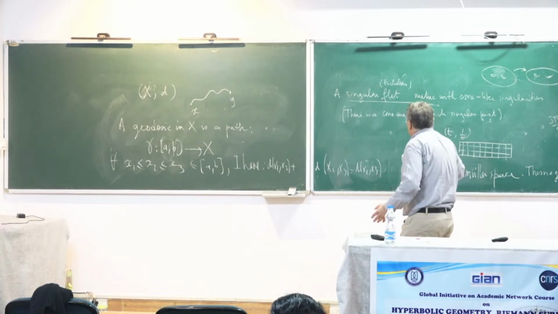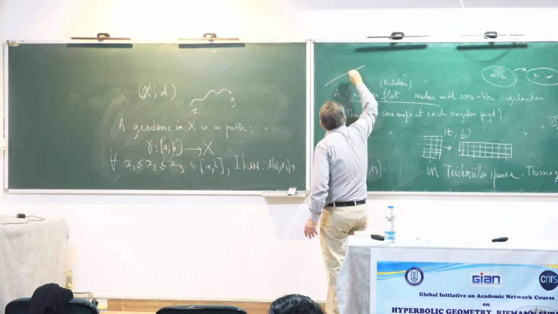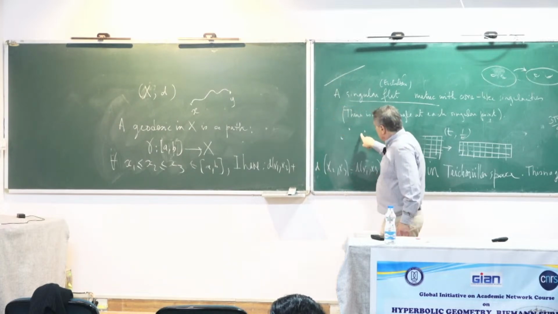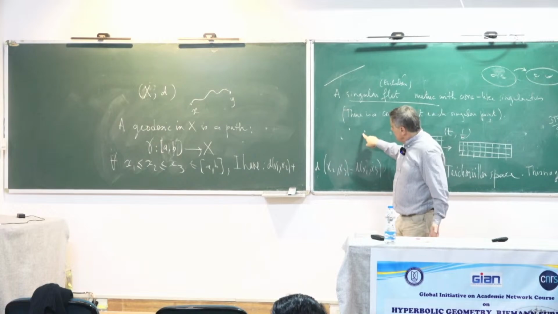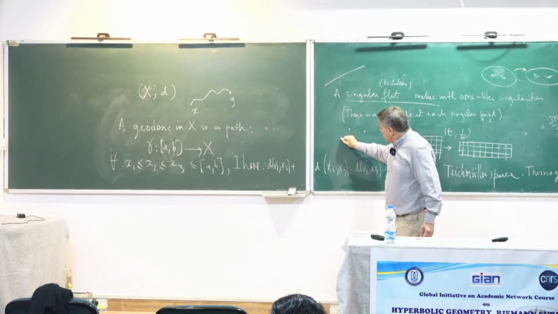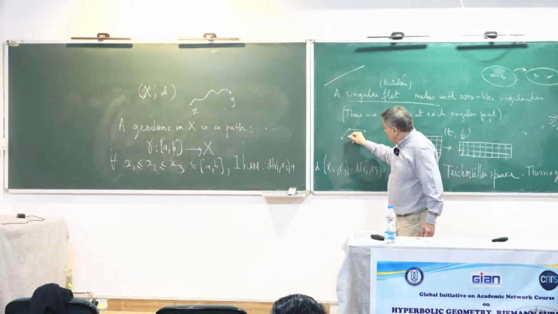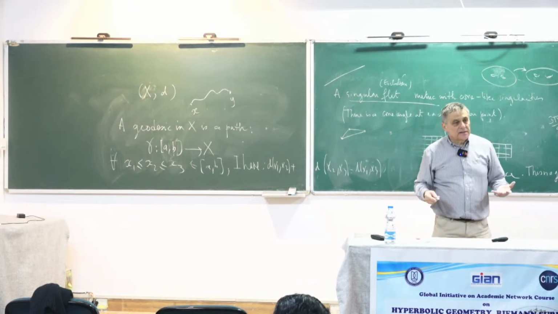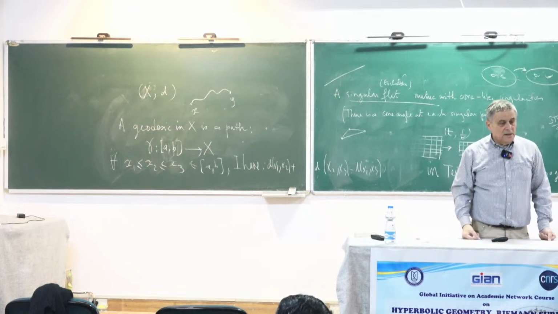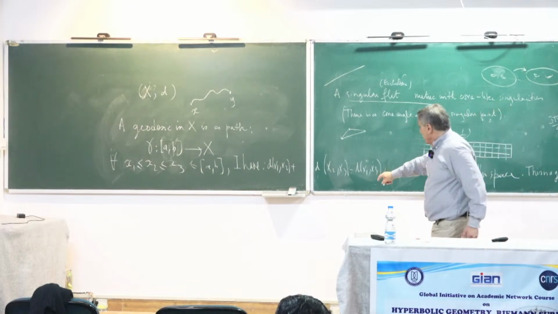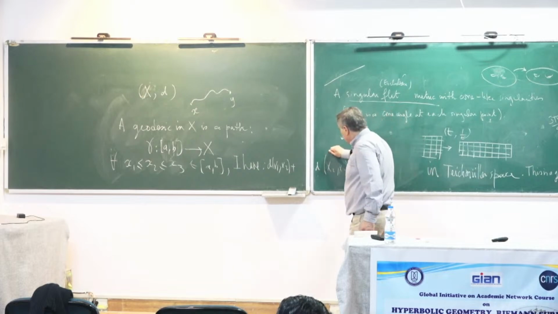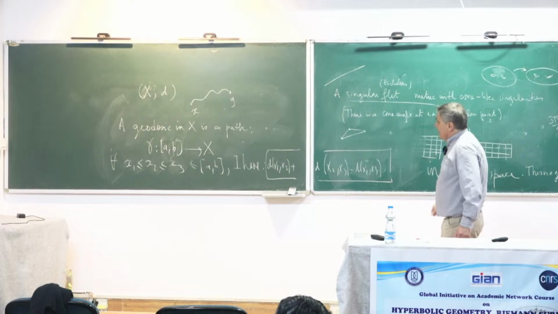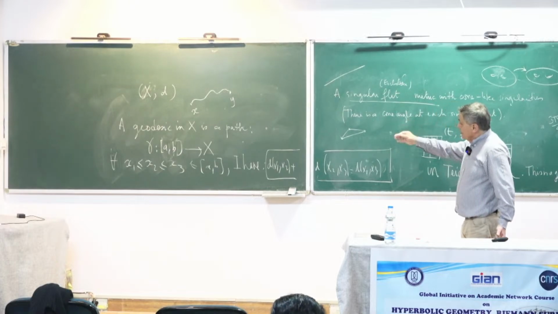If I take three arbitrary points in the Euclidean plane, I know that the distance here plus the distance here is less or equal to the distance here, right? This is the triangle inequality. But here I'm saying that the triangle inequality is an equality for any three points on that path.